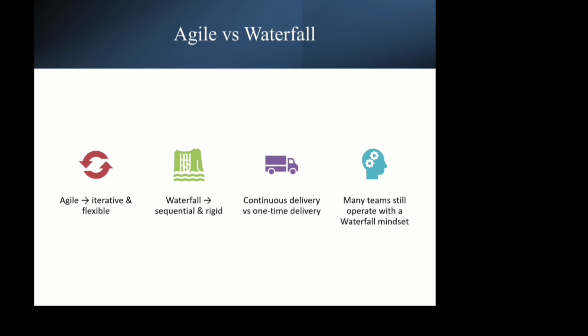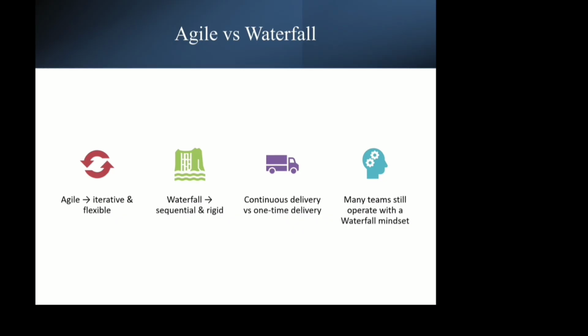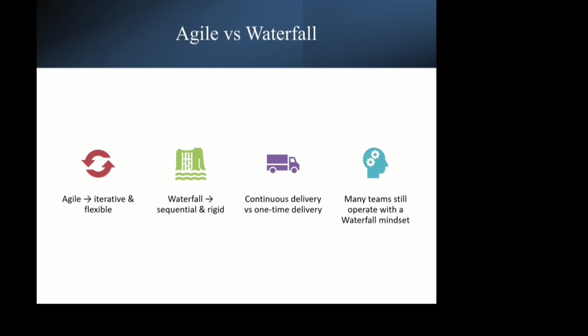The key difference between Agile and Waterfall is how they handle change. Agile is iterative and flexible, allowing teams to continuously improve and adapt their work. Waterfall, on the other hand, is sequential and rigid, making changes difficult once development begins.